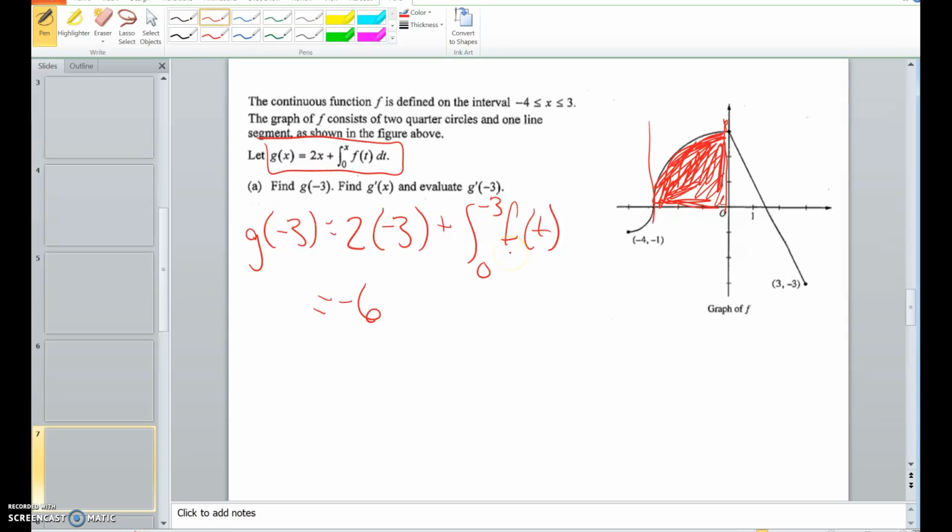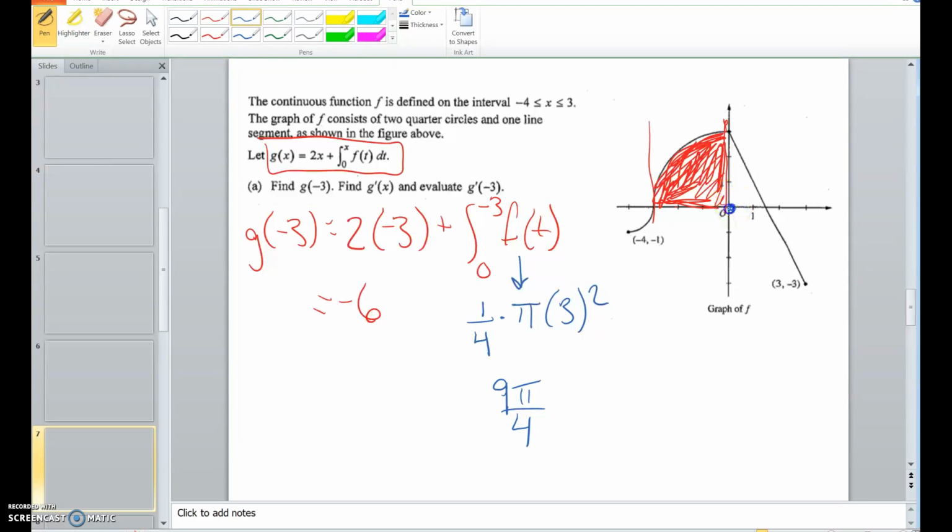So this piece is 1/4 times pi r squared. Here r is 3. So we're going to get that this is 9 pi over 4. So the area underneath that semicircle is 9 pi over 4.